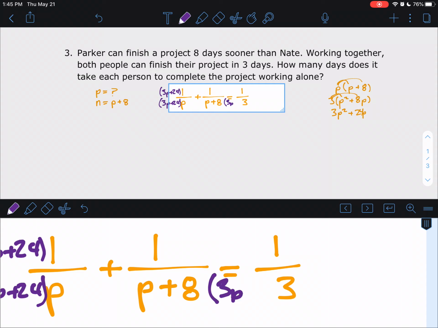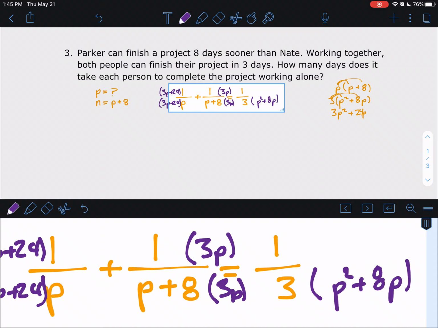So times 3P and times 3P. And to get this 1/3 to turn into something over 3P squared plus 24P, I would need to multiply it by P squared plus 8P.